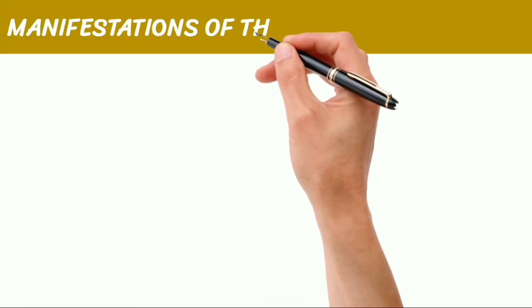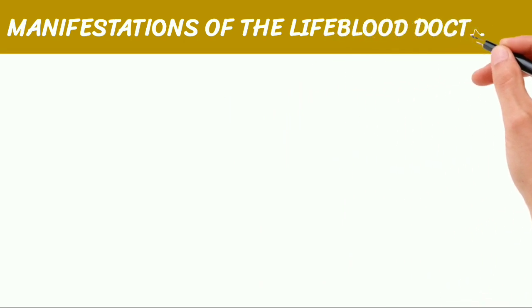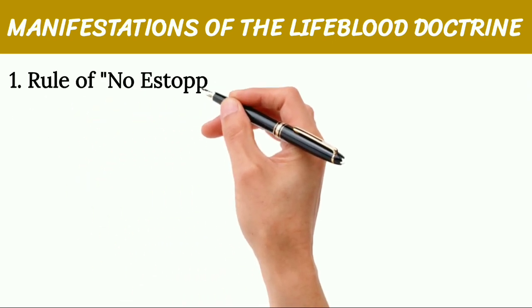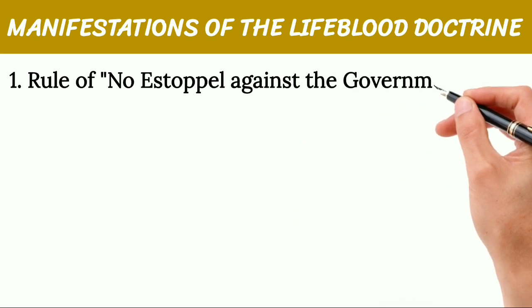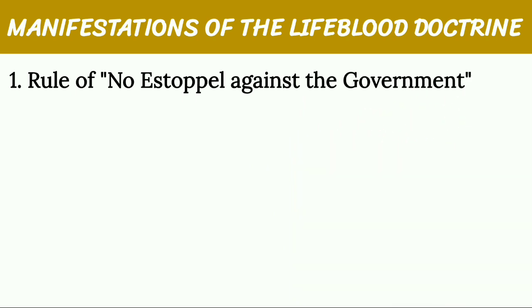Let's now proceed to the manifestations of the Lifeblood Doctrine. So there are 5 manifestations of the Lifeblood Doctrine, and they are: first, rule of no estoppel or estoppel against the government. The proper pronunciation for this is estoppel. But in the Philippines, nakagawian kasi na ang pagbigkas ay estoppel. Pero dapat estoppel.